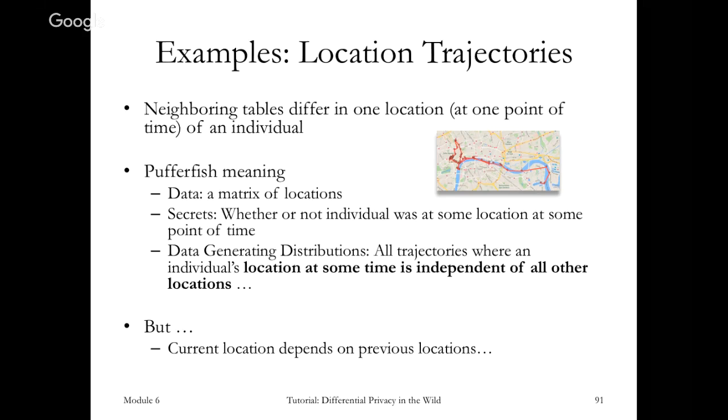For this type of neighboring definition, pufferfish means you treat the whole database as a matrix of locations, and the secret is whether an individual is at a certain location at some point in time. The data generating distribution for these neighboring databases assumes every location is independent of the others. However, again, this is not a very realistic assumption for real-world applications because the current location very likely depends on the previous locations.